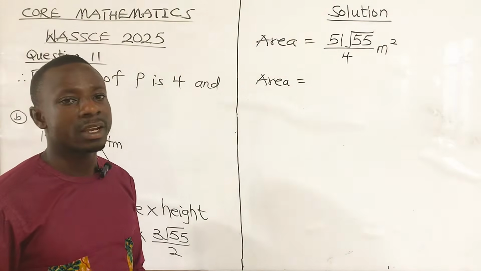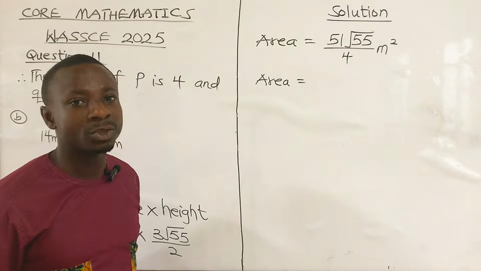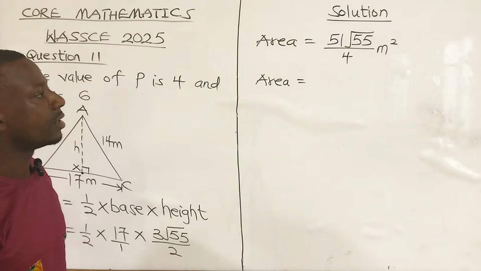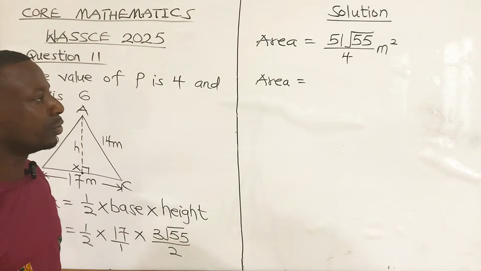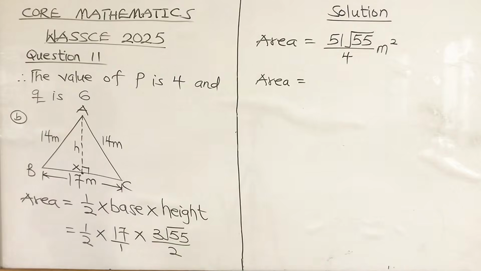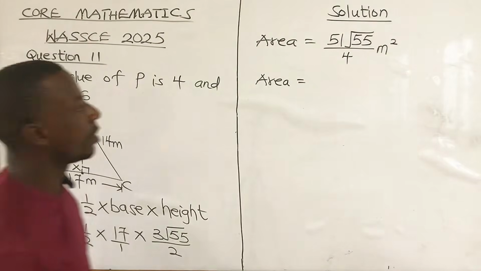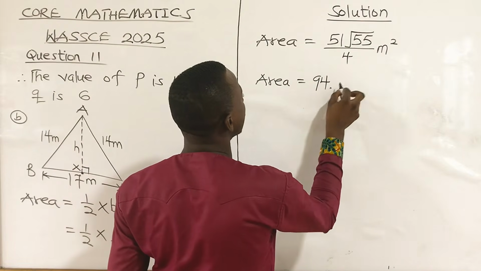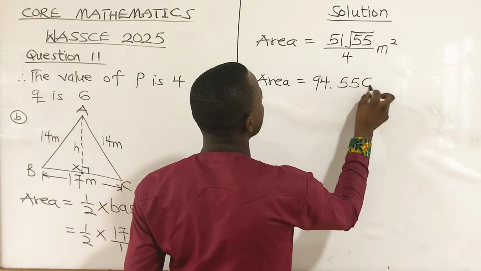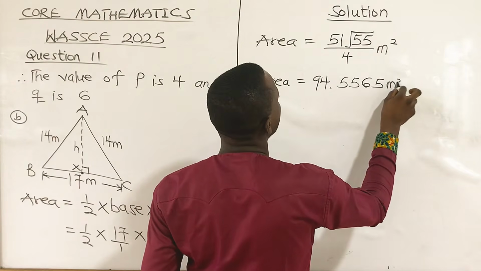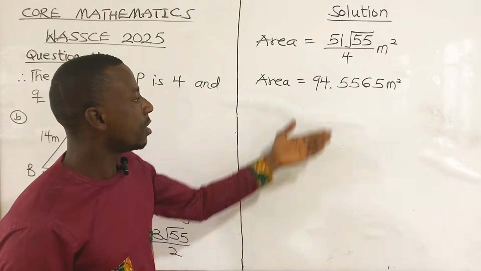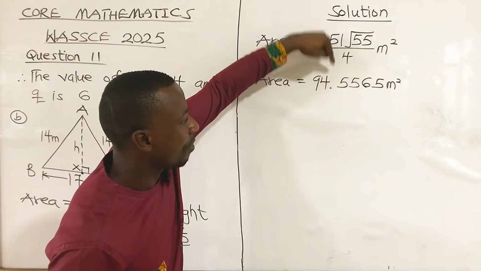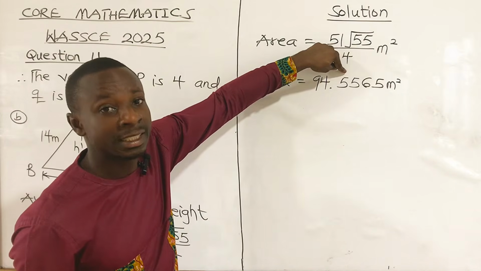But from here, the question said we should correct to one decimal place. So we need to get the decimal of the 51 root 55 all over 4. So the decimal of this is 94.5565 meters squared. So here, to correct to one decimal place, we know that after the decimal point, the first digit is this 5.